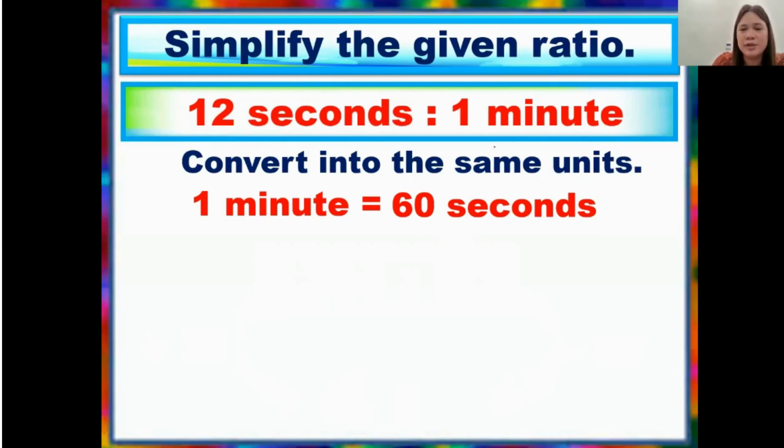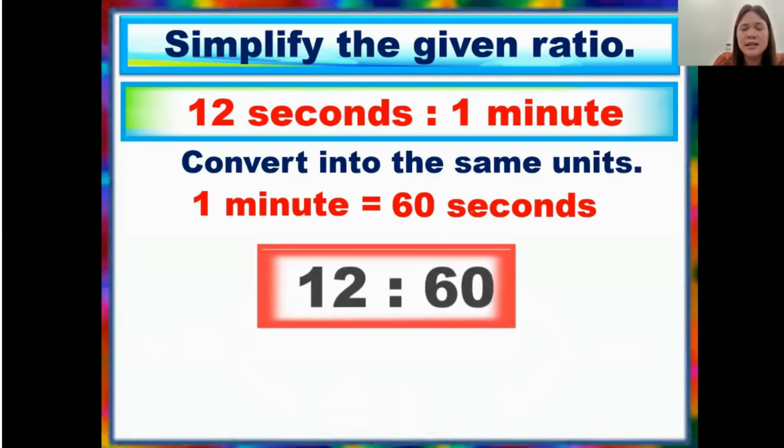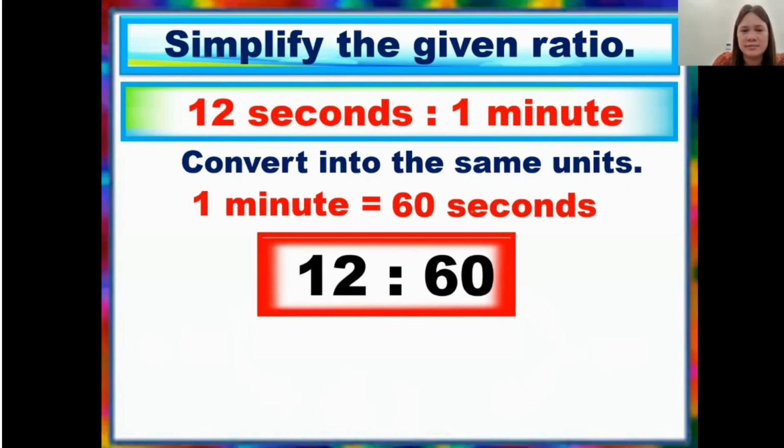And after replacing 1 minute by 60 seconds, I don't need to write the unit, seconds, since I am dealing with the same units already. I'll just simply copy the number here. Since this is seconds, no need to write the unit if it's the same unit already.